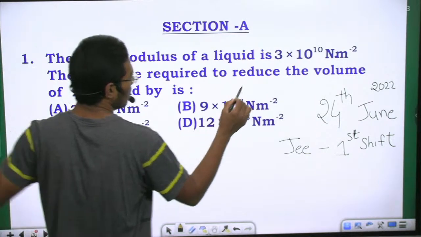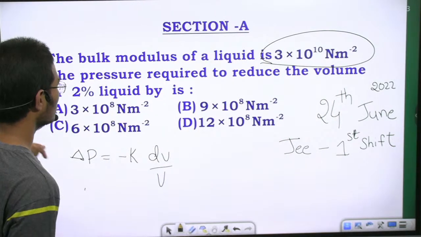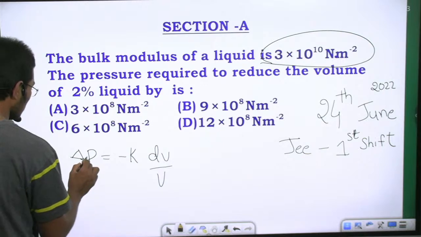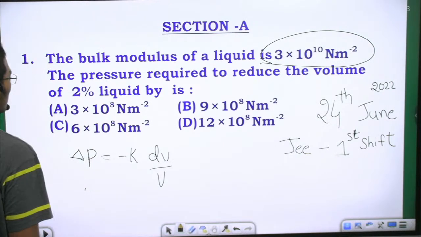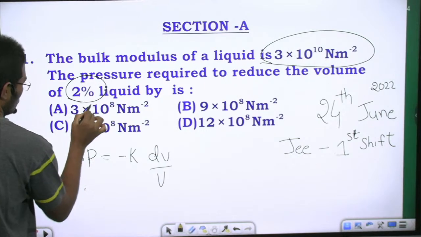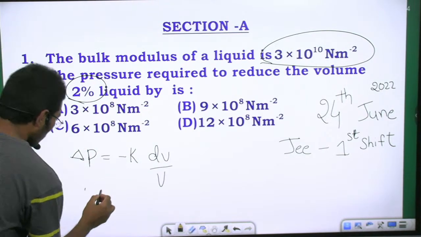The pressure required to reduce the volume, that is delta P, is being asked, and delta V by V is given as 2%. So you just substitute them into the formula.